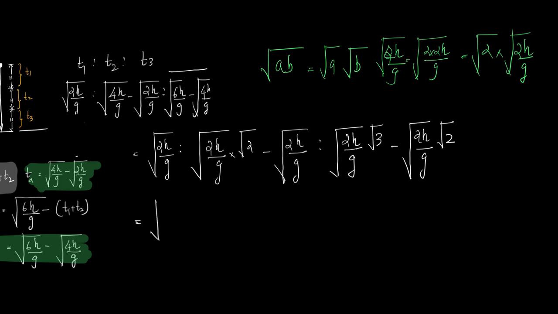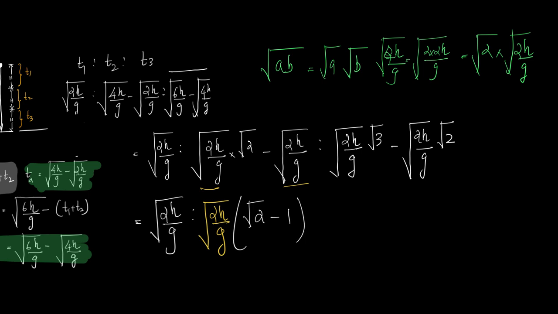Now, here what I'll do is I'll write root of 2h by g is 2. Now what I'll do is I'll take root of 2h by g common. So, if I take root of 2h by g common, what is there in the bracket? What is left is root 2 minus 1 is 2. Again, I'll take root 2h by g common. So, what is left?